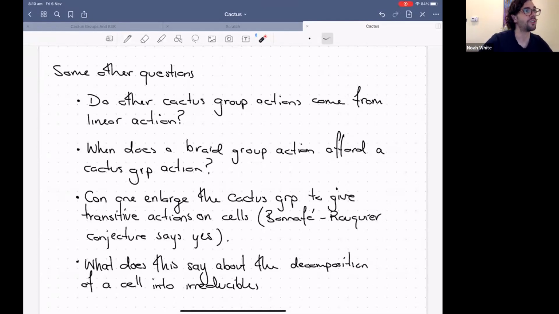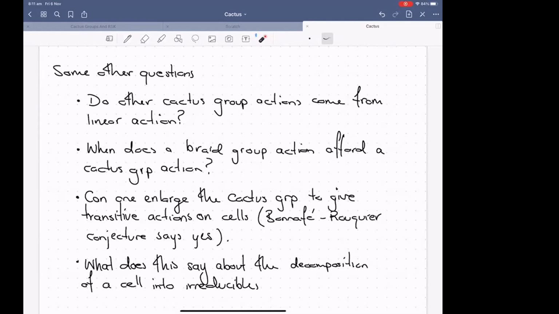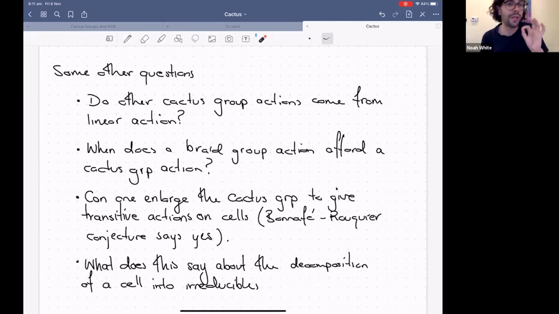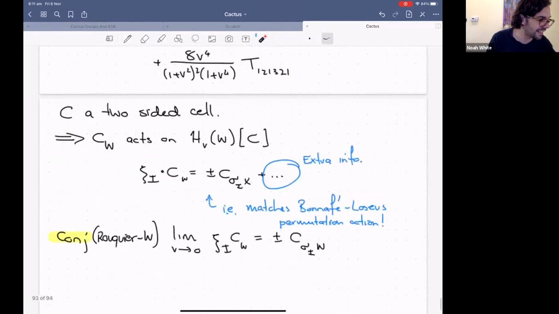The problem is I don't understand the relationship between the Cactus group and Bonifay and Ruquier's Galois group particularly well. Oh, I see. So it's because the definition you originally gave is not going anywhere, because it uses real points. Exactly. But actually, this is a good point. Let's go back up.